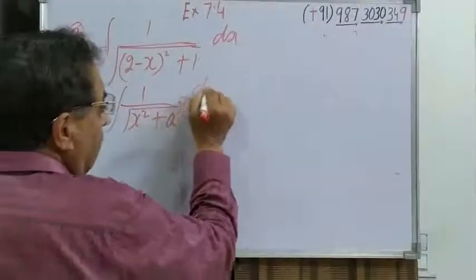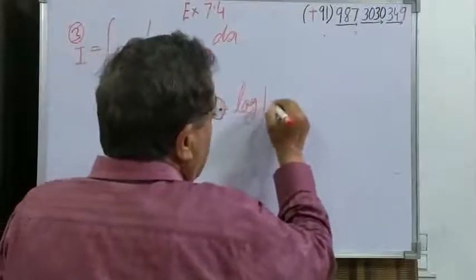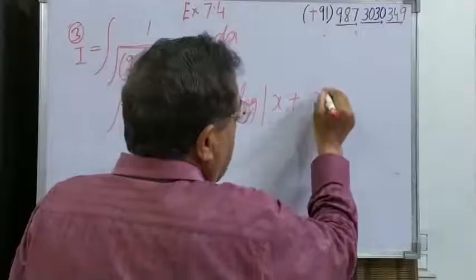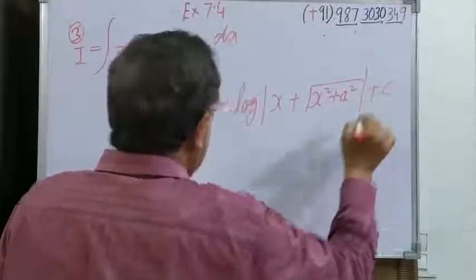If I look at this question, I observe it is similar to what we have done out of the 6 formulae. One of them was 1 upon the square root of x square plus a square, and its answer was log of x plus the square root of x square plus a square, plus c.